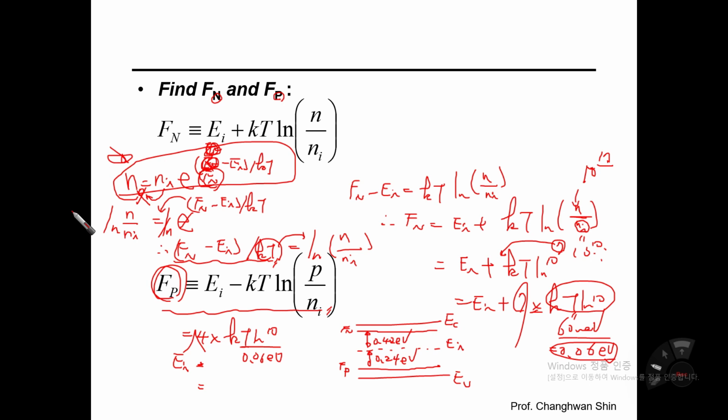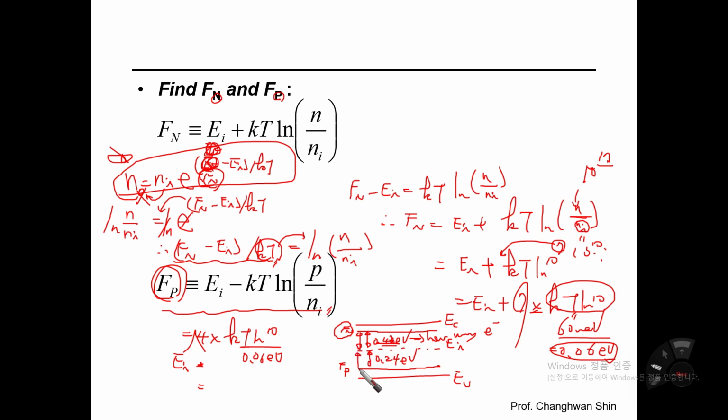So if you take a look at Fn, this energy difference Fn minus Ei, 0.42 electron volt, indicates how many electrons are included in this n-type silicon material at non-thermal equilibrium state.